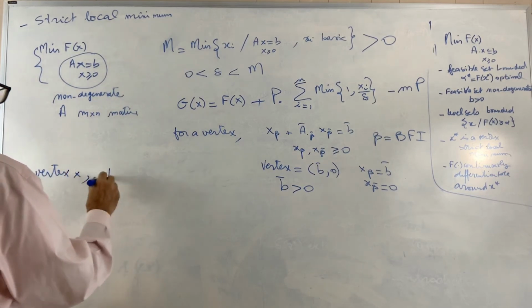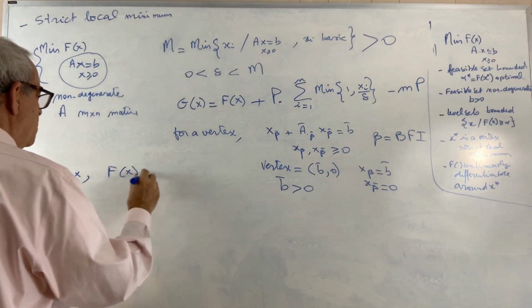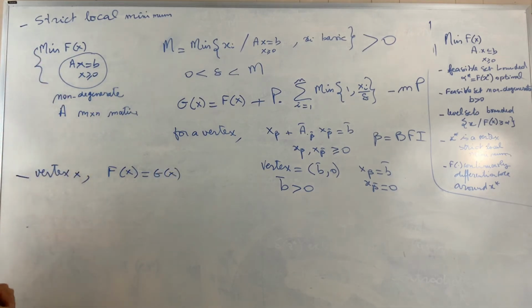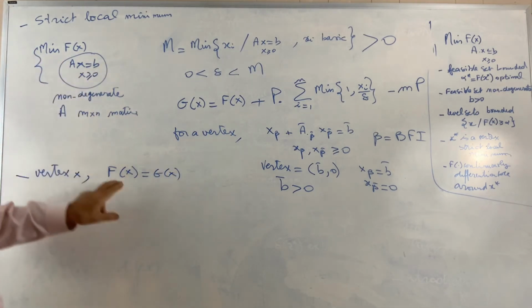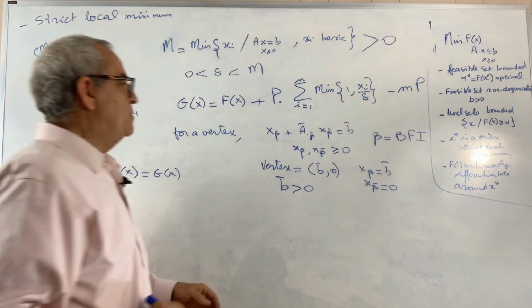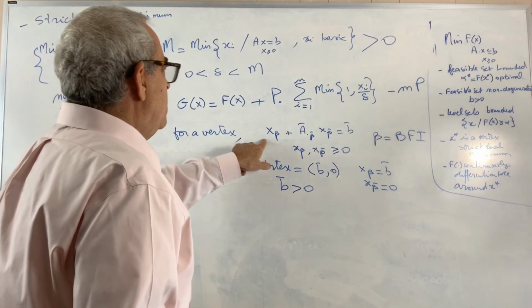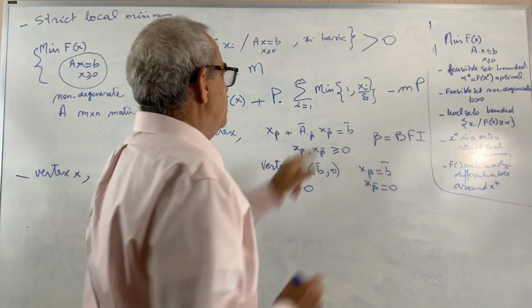So therefore, for a vertex x, we have f of x equal to g of x, for any vertex of this region. How about the other points? Well, the other points are close to a vertex.